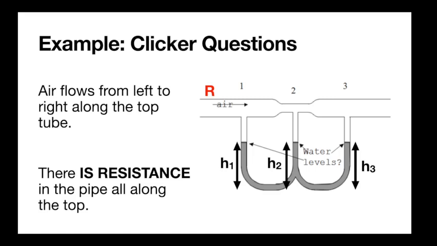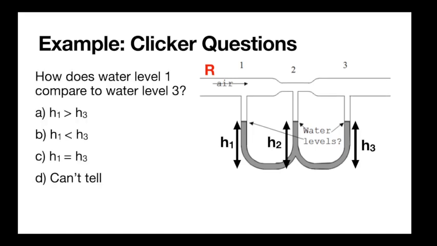We're going to try to find a relationship between these three heights. So there is resistance, there is a change in area. First question is, how does the water level H1 compare to the water level H3? So I'm going to open up the clicker poll and give you a minute or so for that.